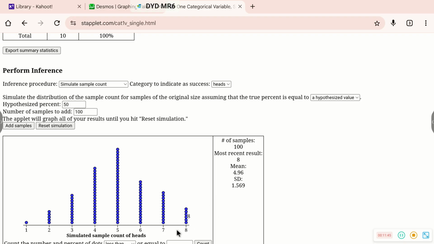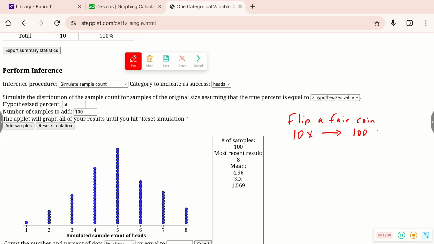All right, so here we have five eighths. Based on this simulation, and again, your simulation may be different, if we flip a fair coin 10 times and we do it 100 times, basically we have a 5 in 100 chance of getting 8 heads based on this simulation.